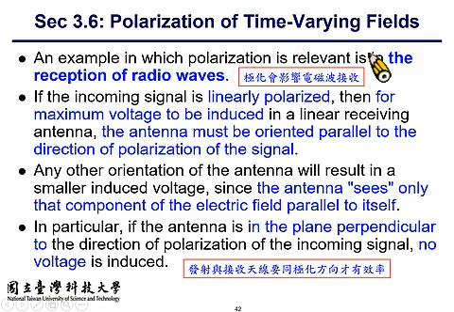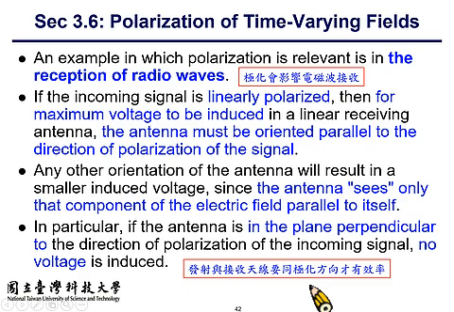OK, so an example in which polarization is relevant in the reception of radio waves, as I already described, there's one principle for wireless communication: the transmitting antenna and the receiving antenna should have the same polarization, so that you can receive the transmitted signal effectively.